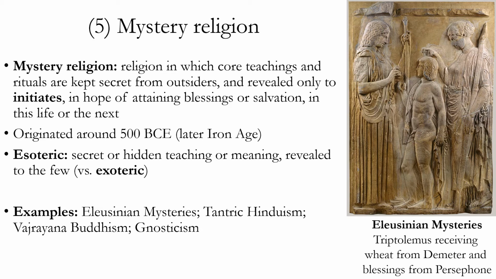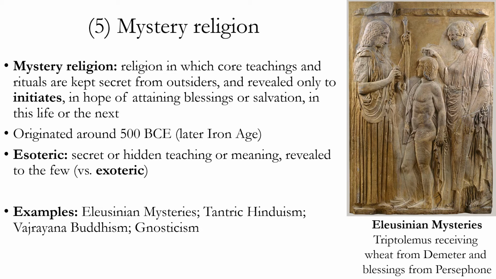Some examples of mystery religions were the Eleusinian mysteries from ancient Greece. The picture on the right is an image used by followers of the Eleusinian mysteries, named after the city of Eleusis. This was a religion based on the Greek goddesses Demeter and Persephone. Demeter was the goddess of grain and Persephone was her daughter.